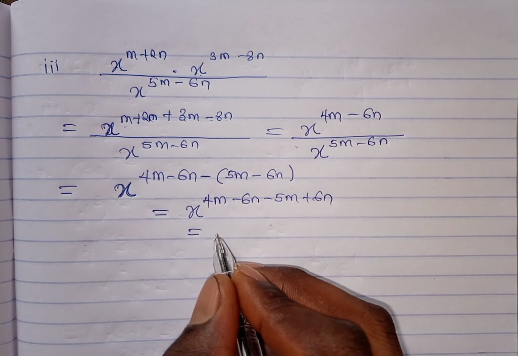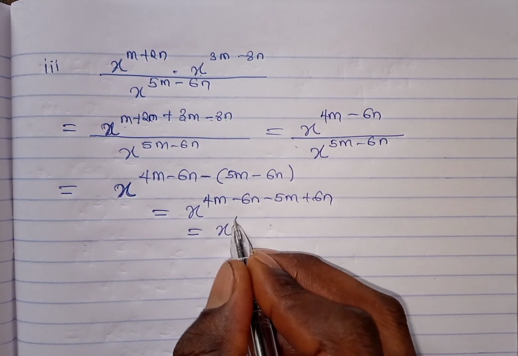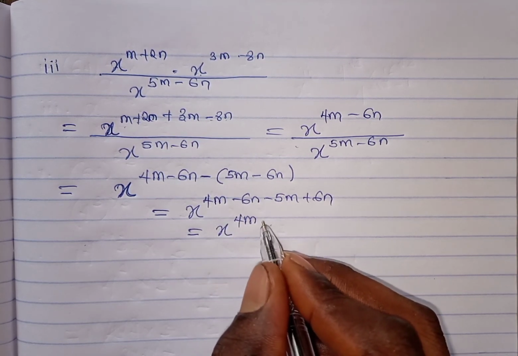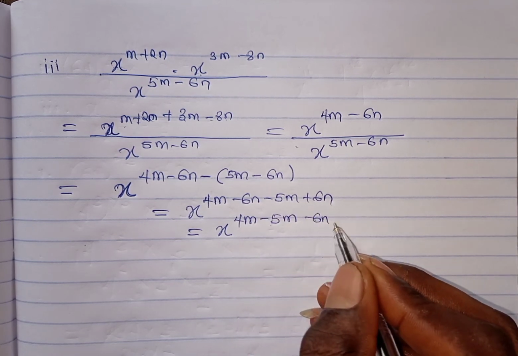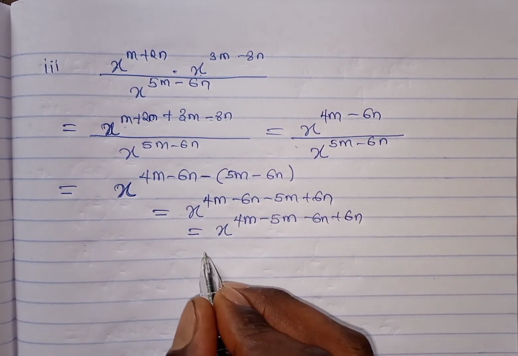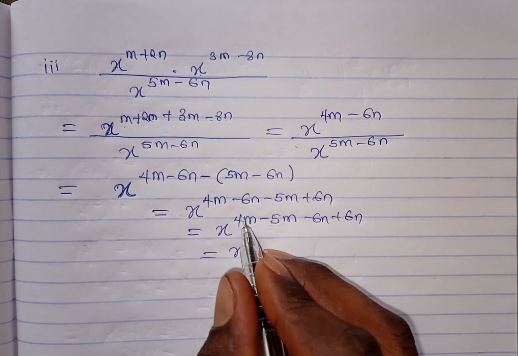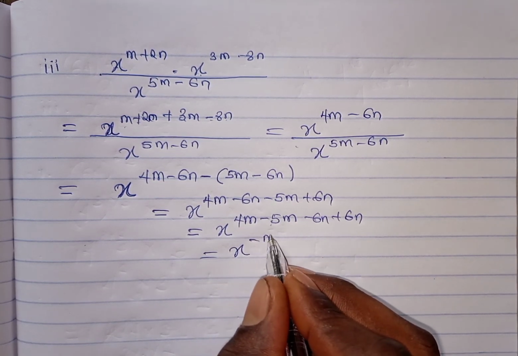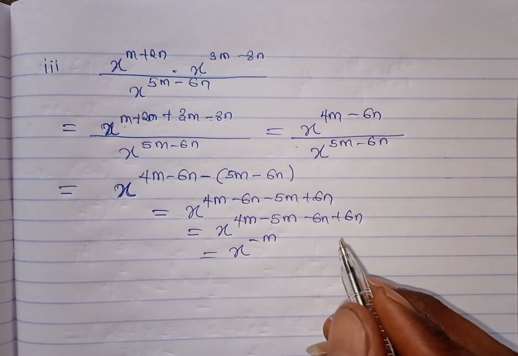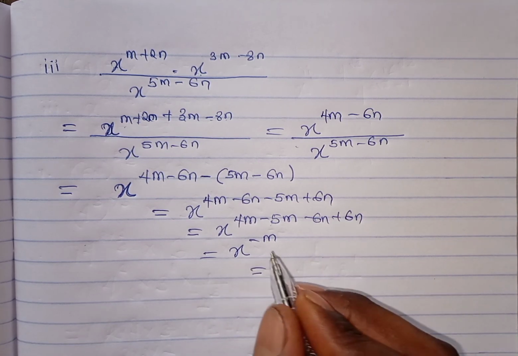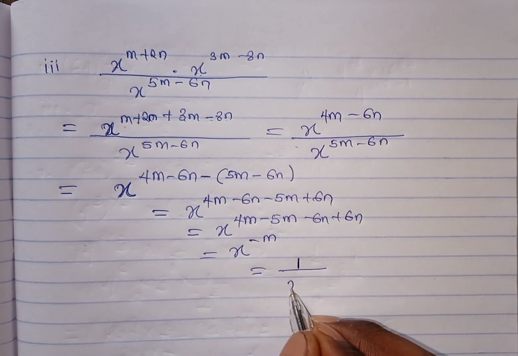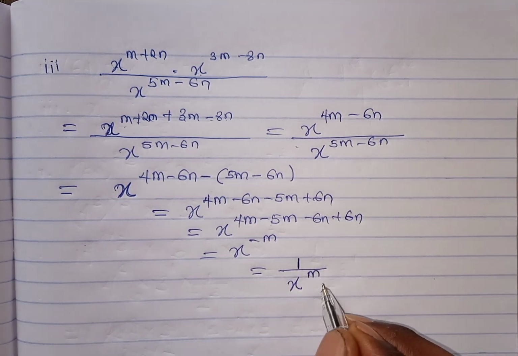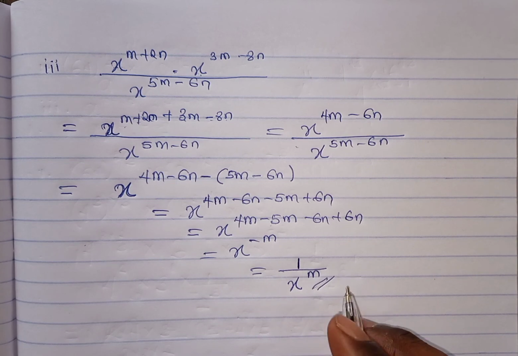Which gives you x raised to the power of 4m minus 5m, minus 6n plus 6n. So this gives you negative m, and the n terms become 0. There is a law that says once you have a negative power, it is the same as 1 divided by x raised to the power of m. It's as simple as that. Thank you very much for watching.